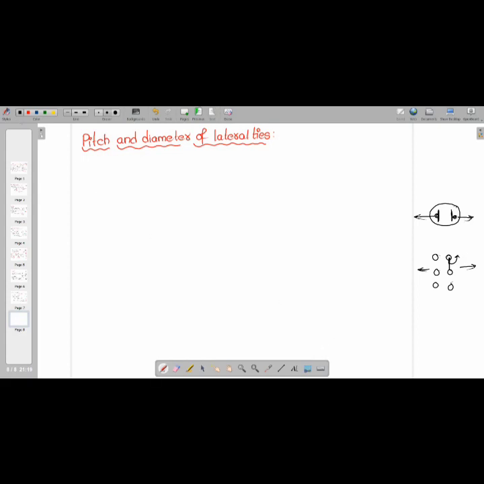Here is one important thing: pitch should not be greater than the least lateral dimension of the compression member.